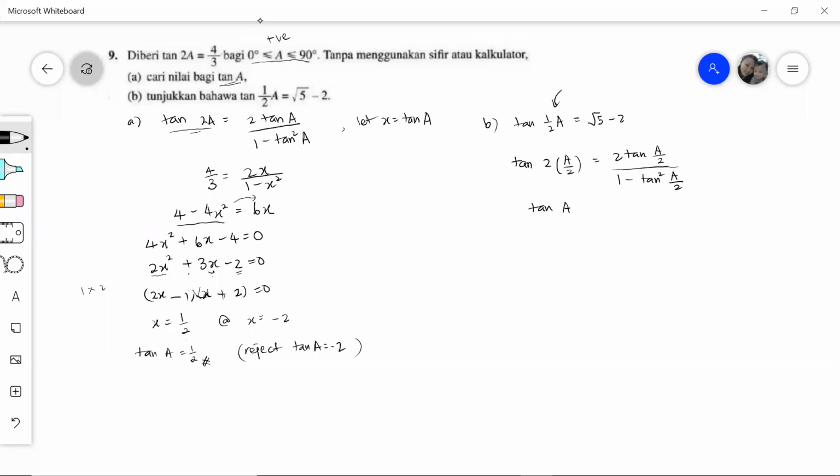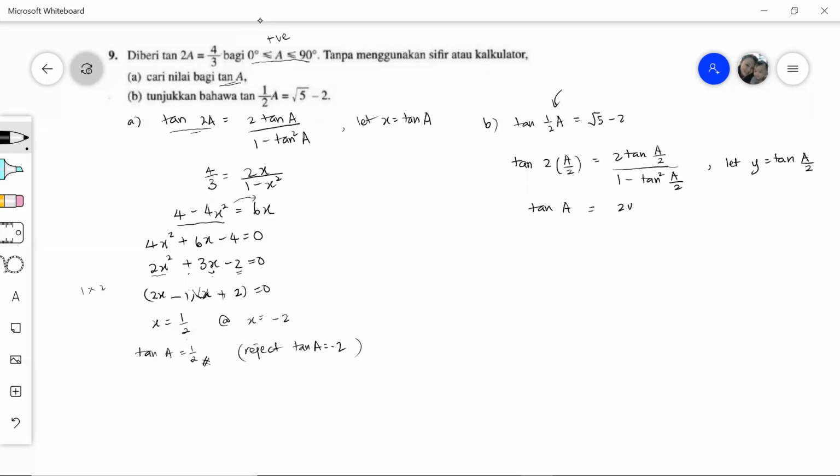And we just found our tangent A value in part A. So let's just put everything in. At the same time, I will let y be tangent A over 2, so let's replace tangent A over 2 with y.